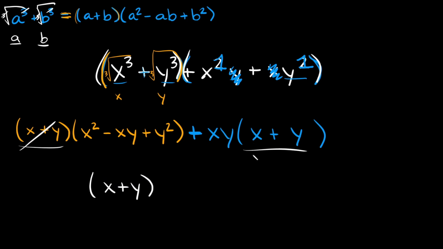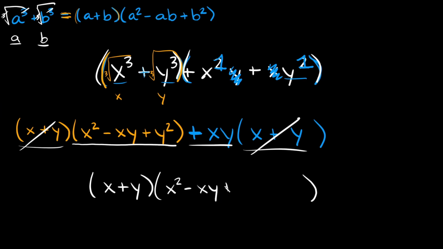So that goes away and that goes away. And then we're going to multiply that by another set of parentheses. And what do you put here? Whatever's left, which would be this set of parentheses and this out here, plus xy. So we're going to have x squared minus xy plus y squared, and then this plus xy at the end.